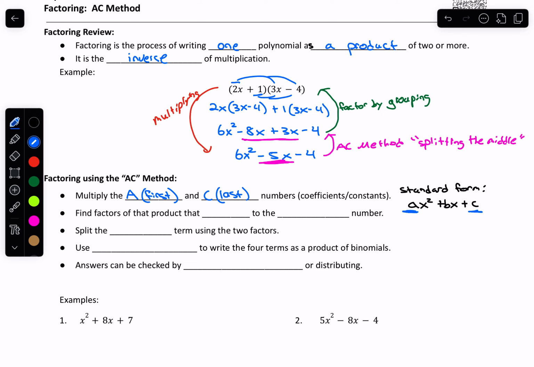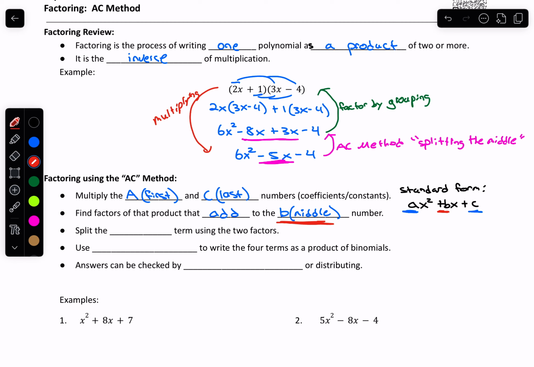That is step one. Then we are going to factor that product, and we need the factors to add together to be the b term. So find factors of the product AC that add to the b, or the middle number. So we need factors that add together to give us this b in the middle.